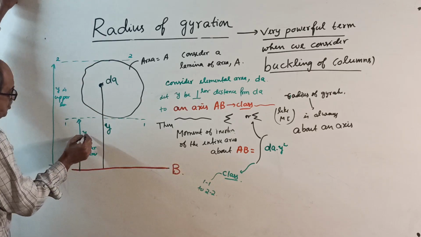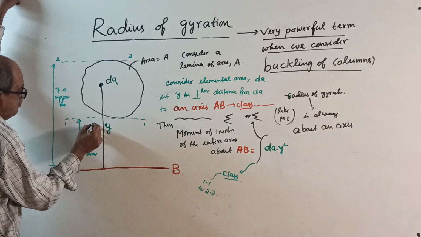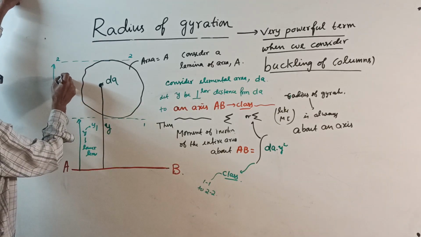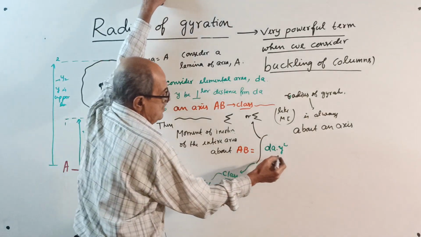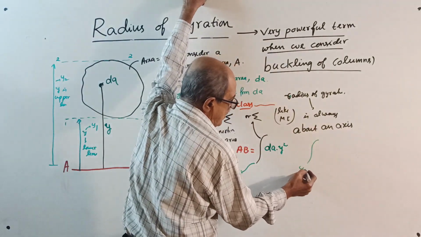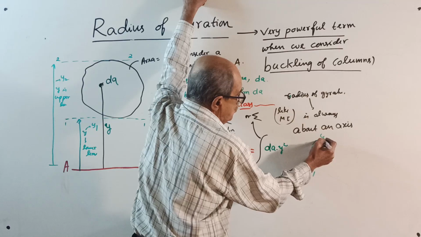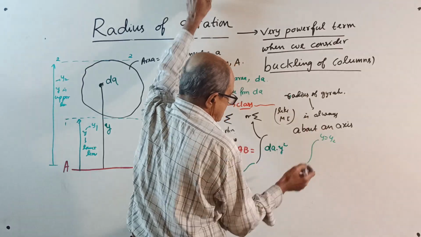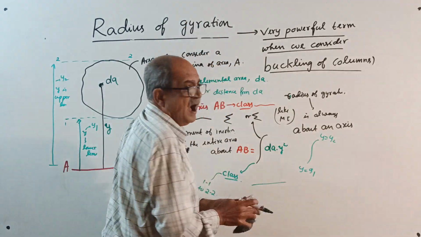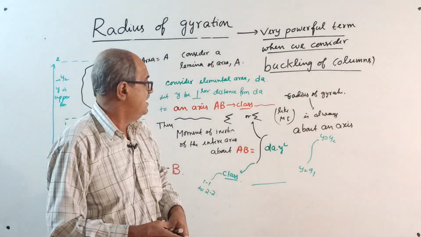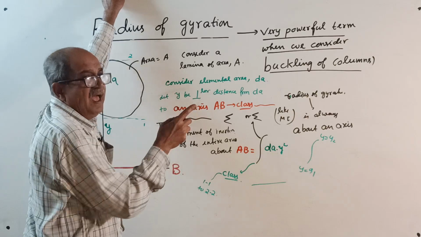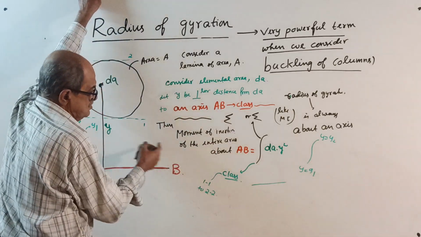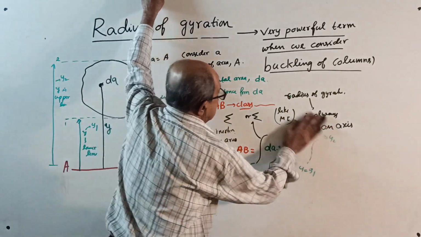Suppose you call this y as y1 and this y as y2. The limit is integration from y equal to y1 to y equal to y2. Make a note: these all we already know in moment of inertia. So I have given this as an introduction.